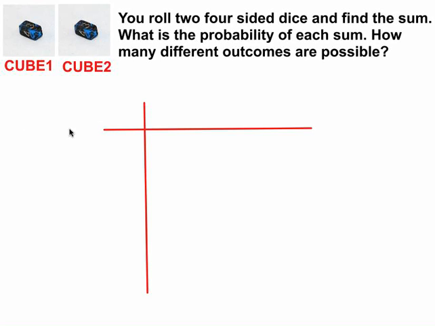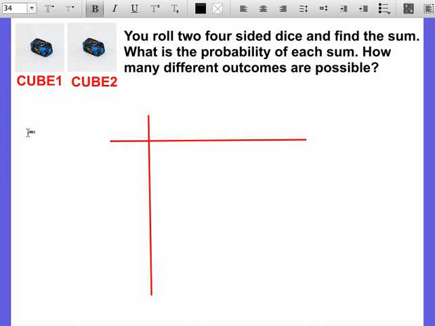So I'm going to use a T-chart. Tree diagrams are often used to model this type of problem. But in a T-chart, I'm going to look at all the possibilities first with cube number 1. With cube number 1, I could roll a 1, a 2, a 3, or a 4.